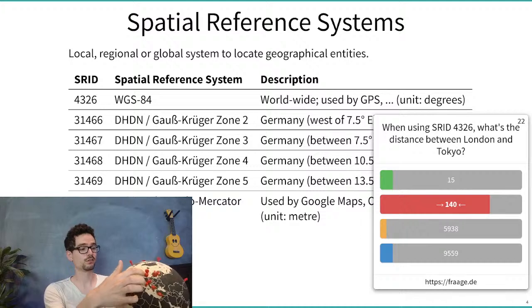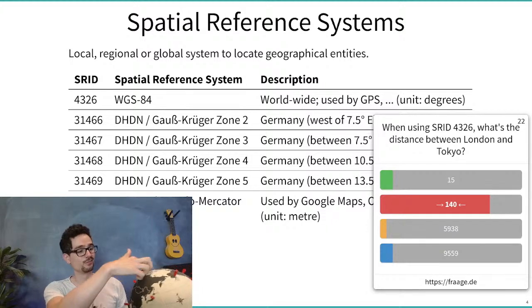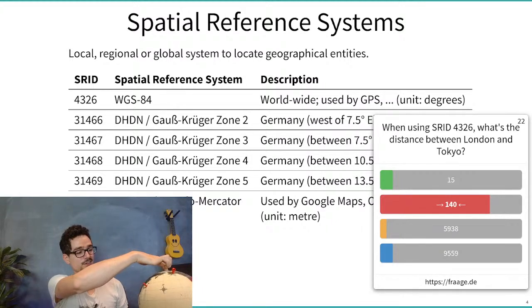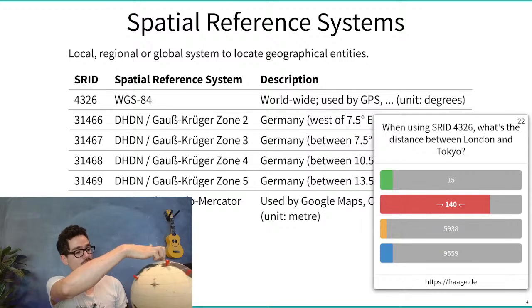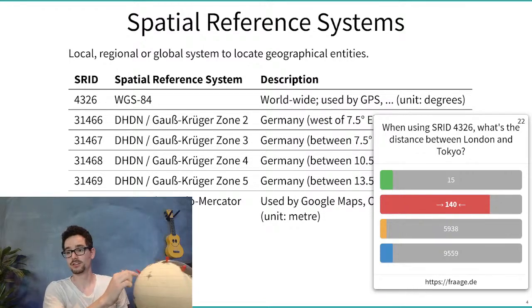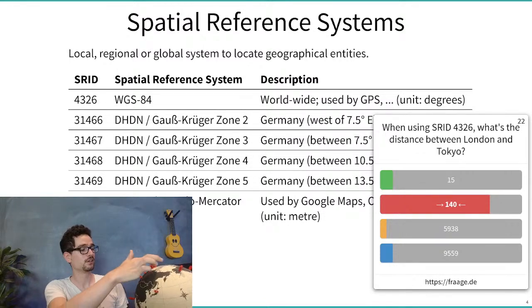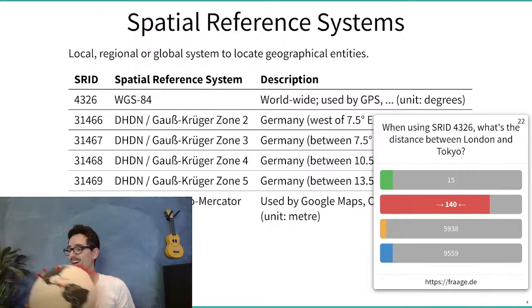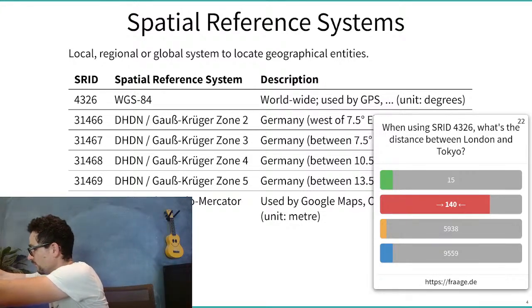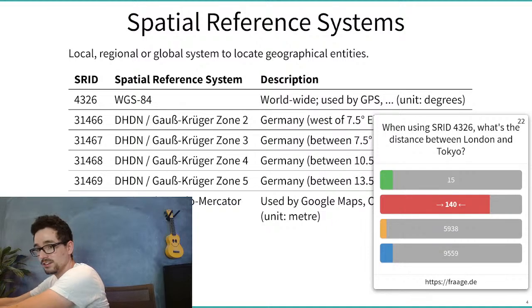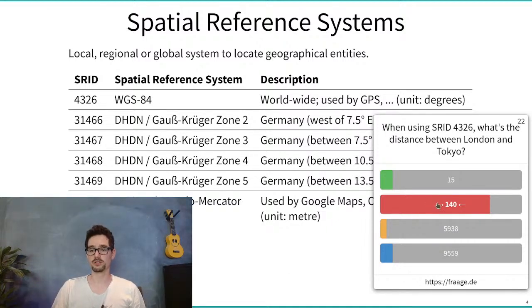It has the longitude 0, and let's say Tokyo is at a similar latitude. It's a bit south, but it's almost at the other side of the earth, so almost 180 degrees. 140 is the correct solution here.